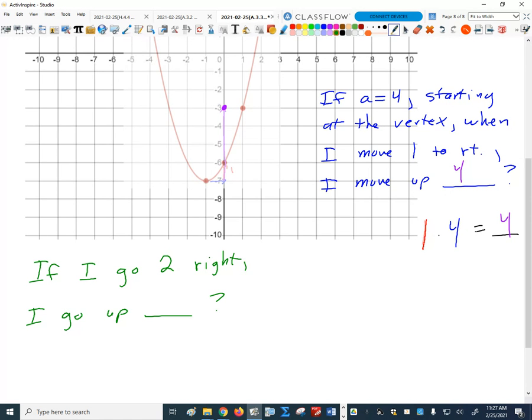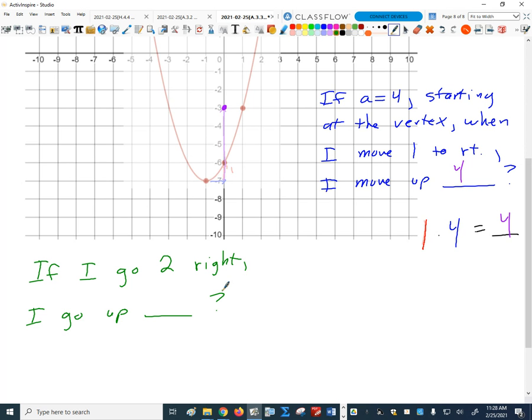On my stretched graph, how far up should I go? Okay, I'm going to tell you the answer is not 8. How far would I normally go up when I multiply by a?